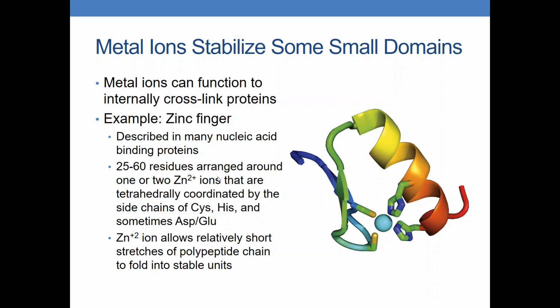So in those structures, you'll find something that looks like this. In a lot of cases, you have an alpha helix that feeds into some beta content. So here you have a beta strand and another beta strand on the backside. But what happens here is you have on this alpha helix two histidine residues. These could be cysteines in some cases, but two residues that are on the alpha helix positioned to be on adjacent turns.